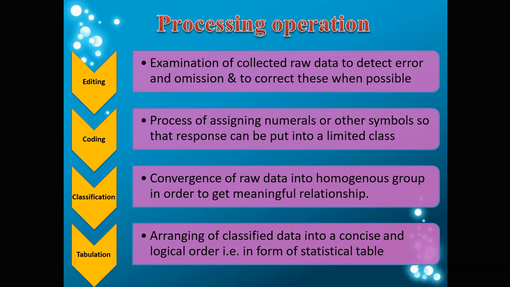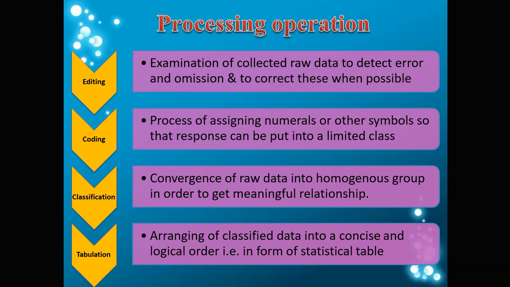The data is examined first. The raw data is collected, errors are omitted, and then proper coding is done to the data. It is processed by assigning numericals or symbols so that the responses can be put into a limited number of classes.